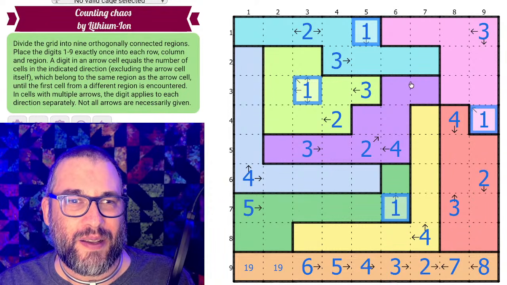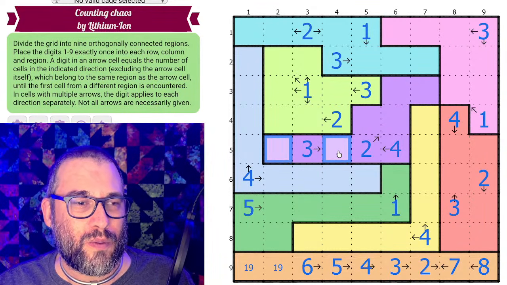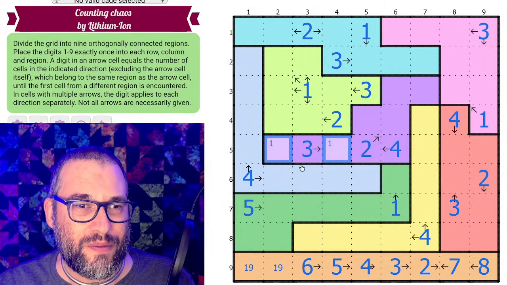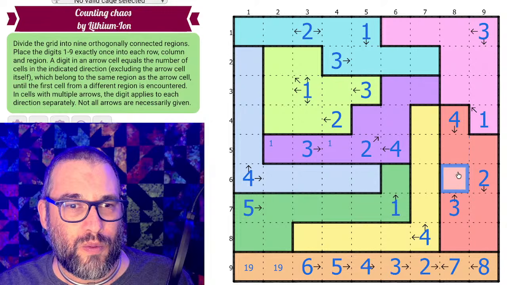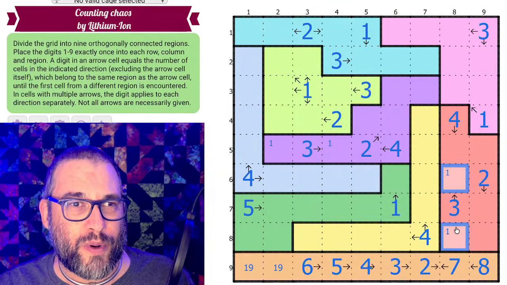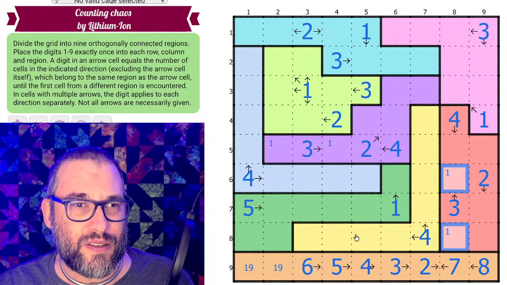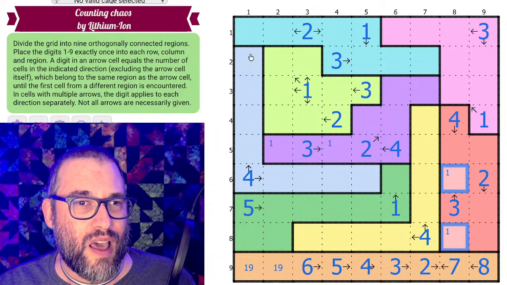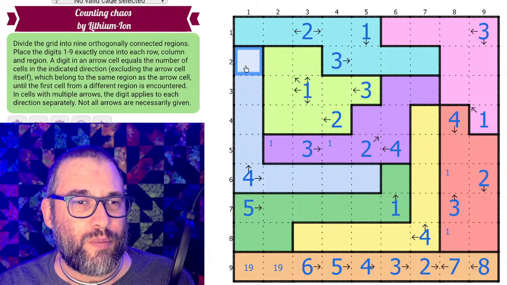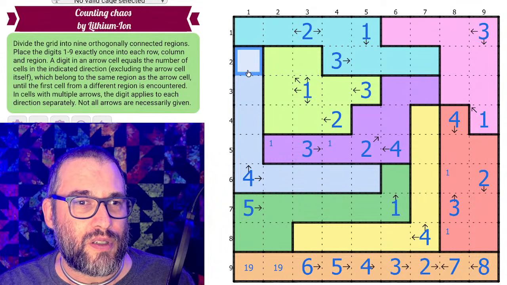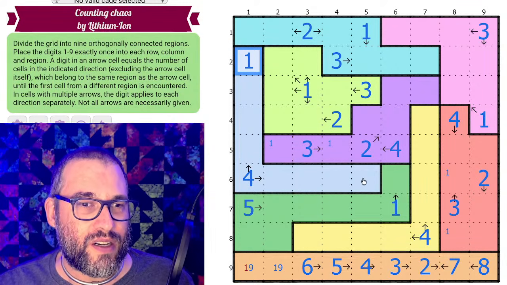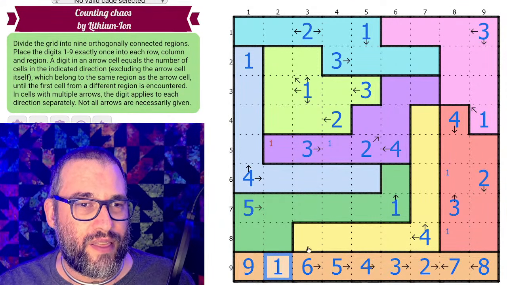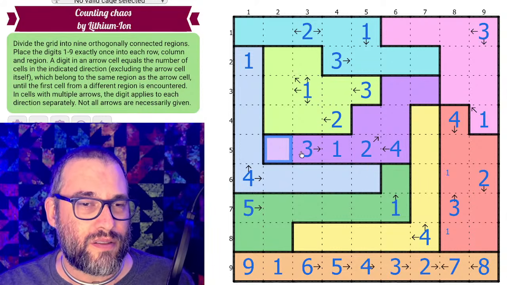Let's see. 1 in purple is in one of these. 1 in red is in one of these. One in dusty blue is just here. So that's a 9, that's a 1, that's a 1.